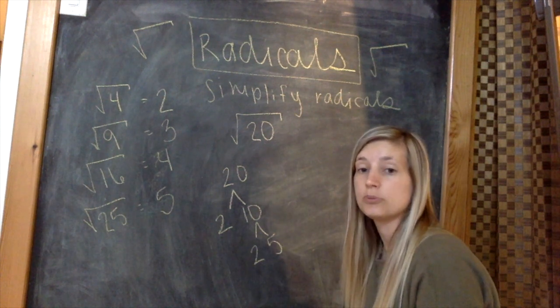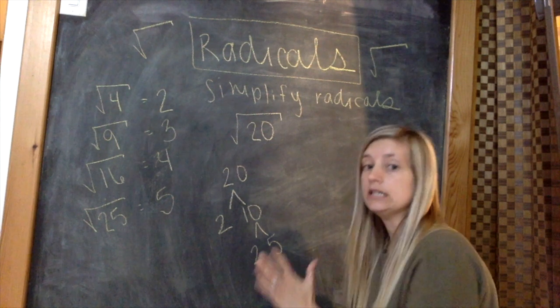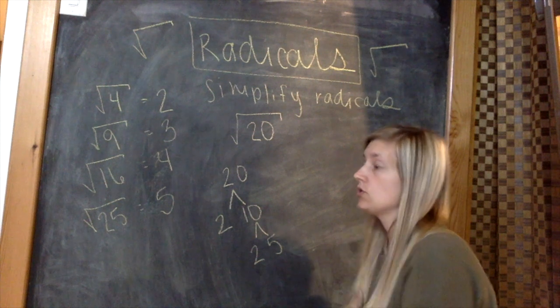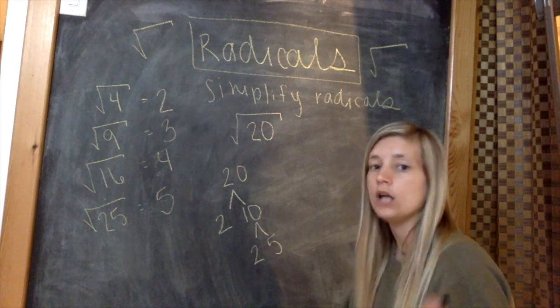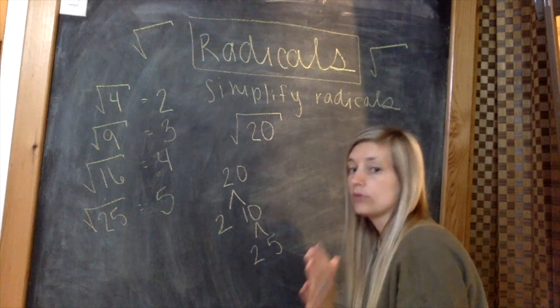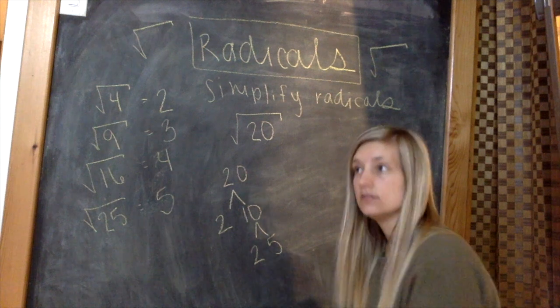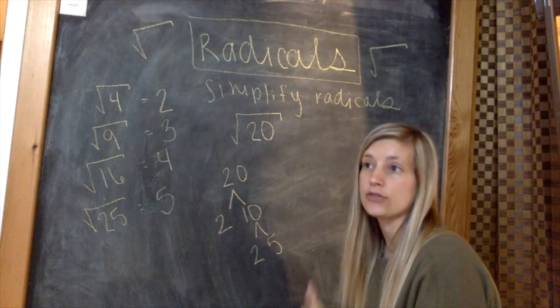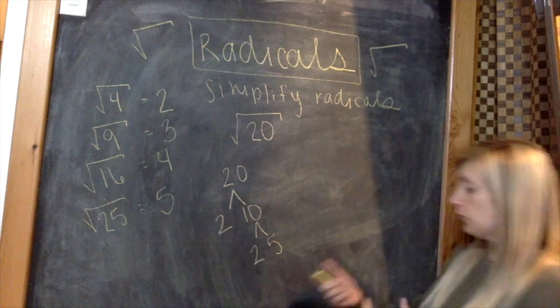So remember, guys, primes are numbers that can only go into one and themselves. So you're looking for 1, which we won't ever get, but 1, 2, 3, 5, 7, 11, 13, 17. Those primes are what you're looking for.